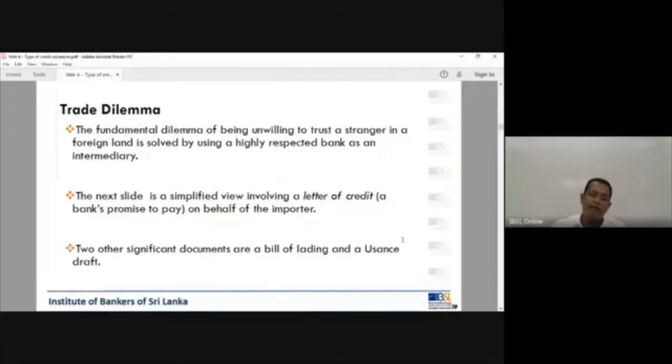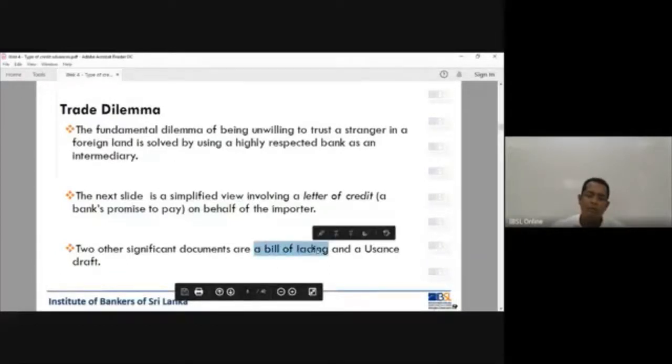Under the LCs, we have two things: the usance draft and the bill of lading. The bill of lading is the document needed when the goods are given to the ship and the ship has started sailing, right? A usance draft is an agreement to pay in the future.